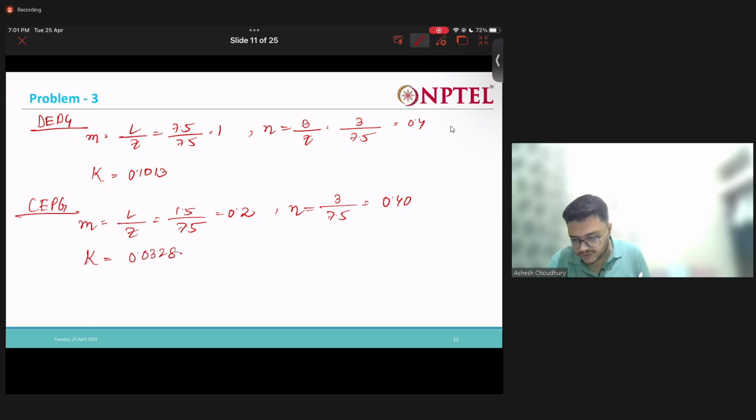Okay, so finally my sigma z will be 0.2 minus 0.058 minus 0.1013 plus 0.0328.